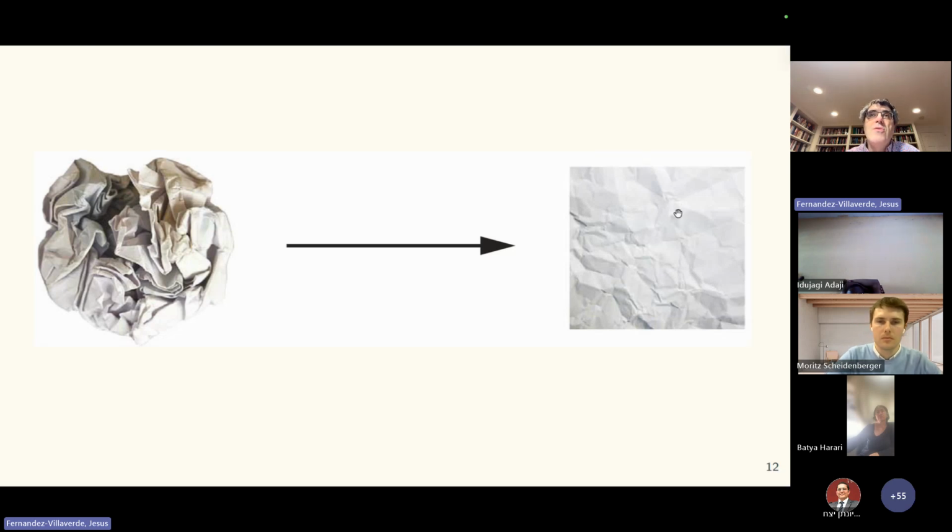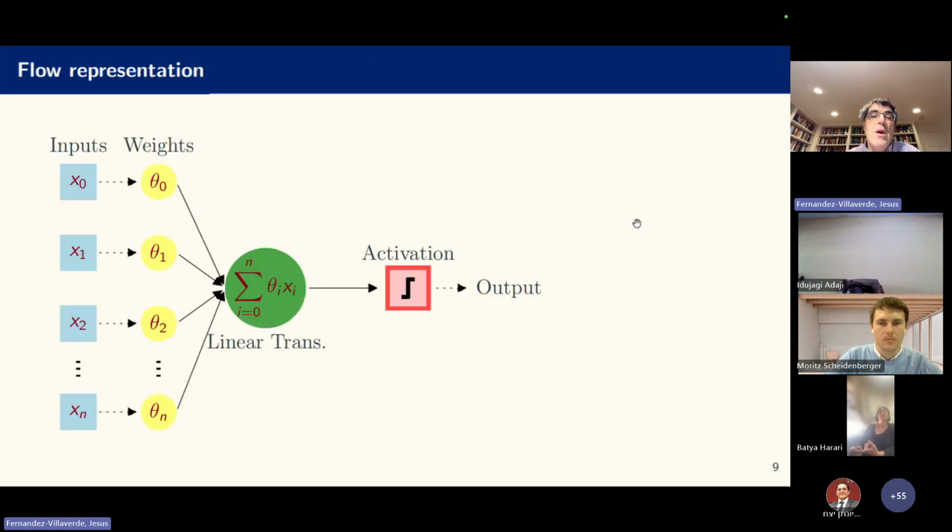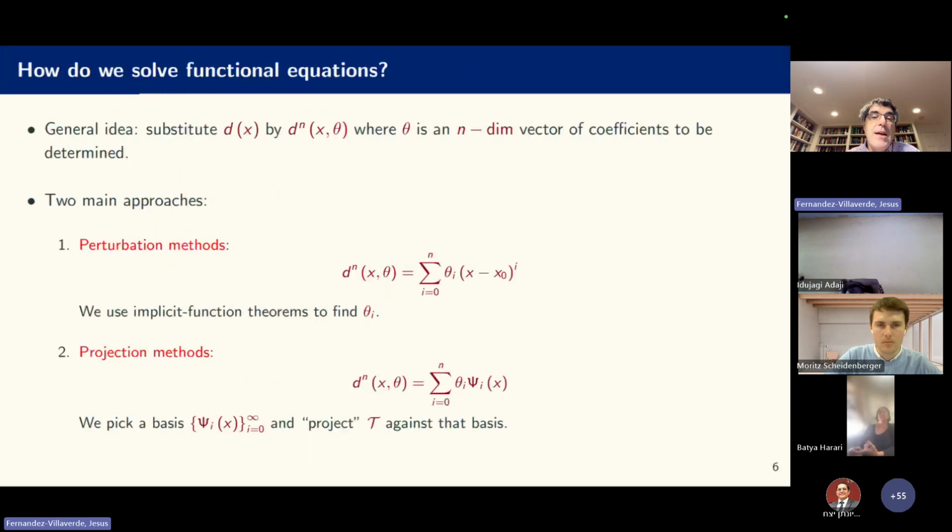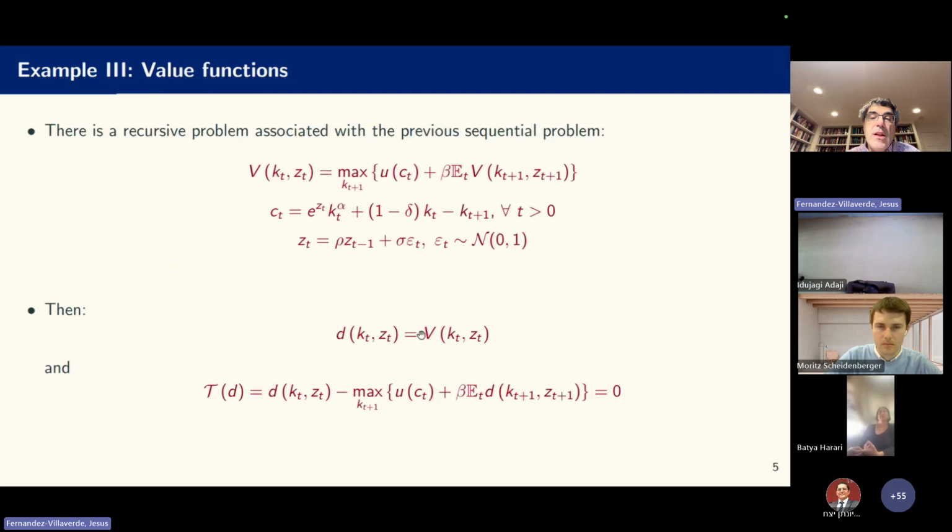Once you have solved the model, once you have, for instance, found the value function that encodes the dynamic problem of the social planner in terms of complex representations of K and Z_t, you don't report the data like that. You just undo the transformation, but that's very easy. The difficult thing is to find V in the right representation, but once you have found V in the right representation, undoing it and coming back to the original representation is trivially easy.